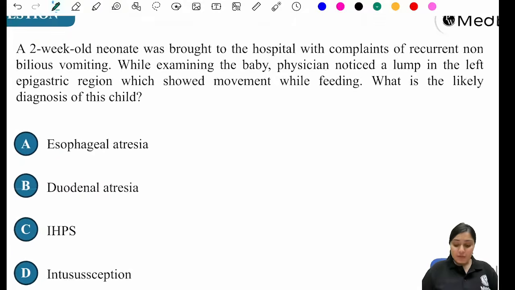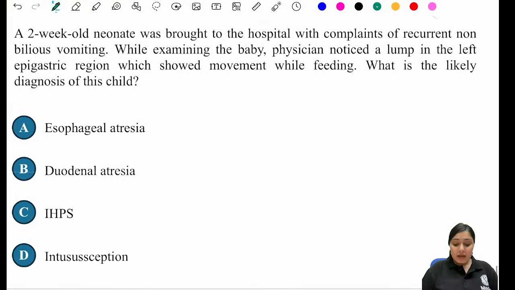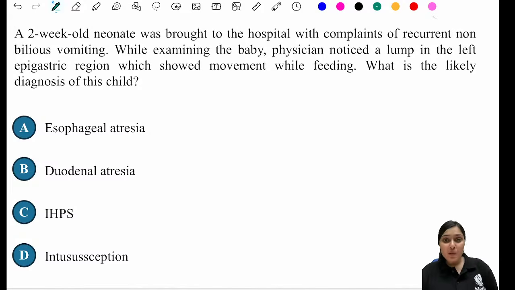Moving to the next question, which is the last question over here. We have a 2-week-old neonate who was brought to the hospital with the complaints of recurrent non-bilious vomiting. While examining the baby, the physician noticed a lump in the left epigastric region, which showed movement while feeding. What is the likely diagnosis of this child?